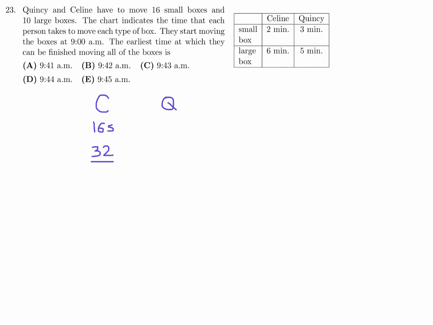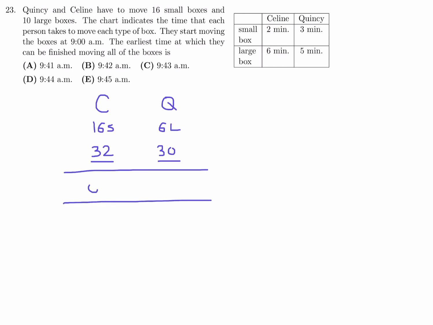Since it takes only 5 minutes to move one, it will take 30 minutes to move 6 large boxes, right? 6 times 5 is 30. Okay, so Quincy moves 6 large boxes, takes him 30 minutes. Celine moves all 16 small boxes, takes 32 minutes. Okay, so what is left over at this point?